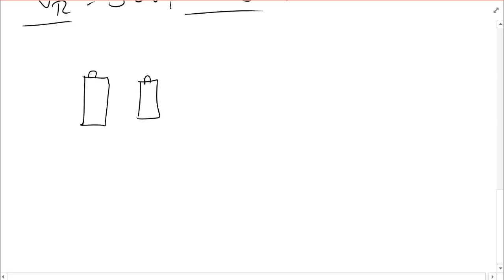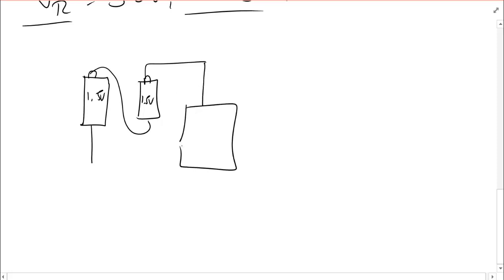How they're connected is as follows. This is 1.5 volts, and this is 1.5 volts. And then this would go to a generic circuit element, perhaps my remote control. What this would look like as a circuit diagram is this.